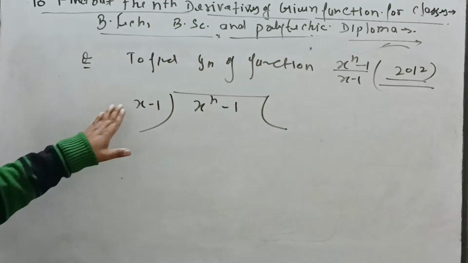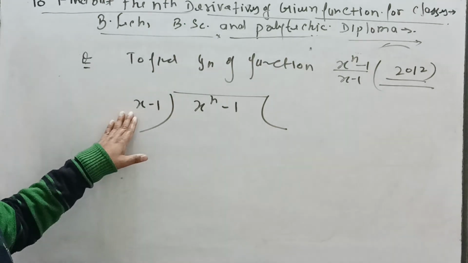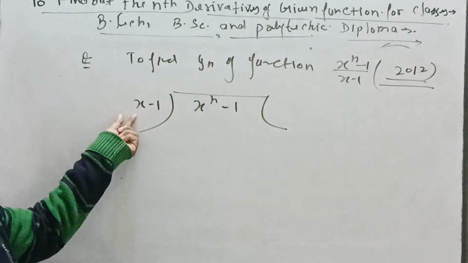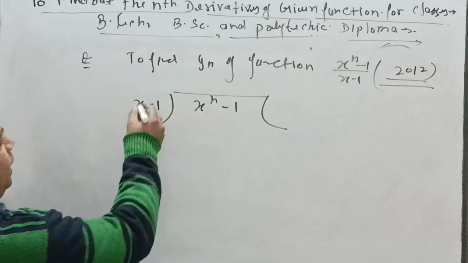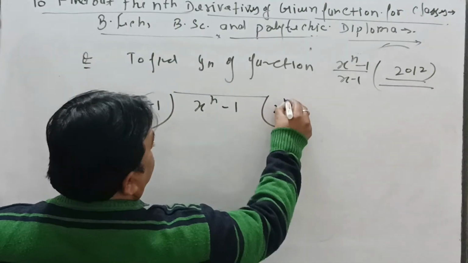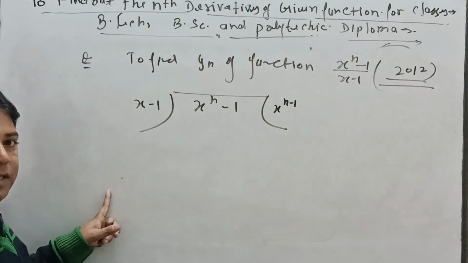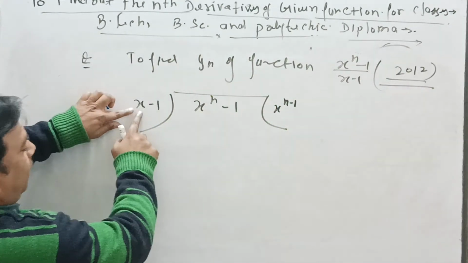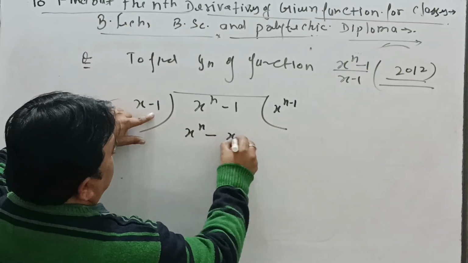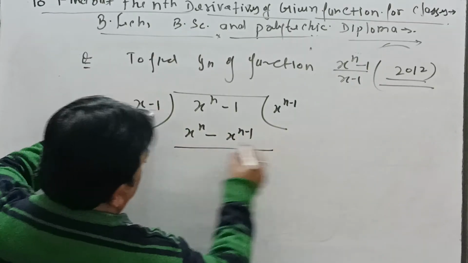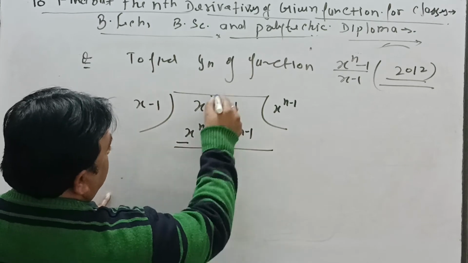You multiply x minus 1 by x to the power n minus 1, giving x to the power n minus x to the power n minus 1. The minus and plus cancel out.